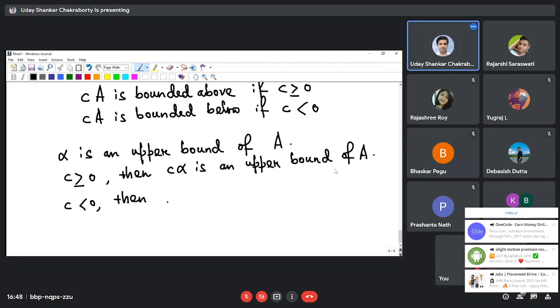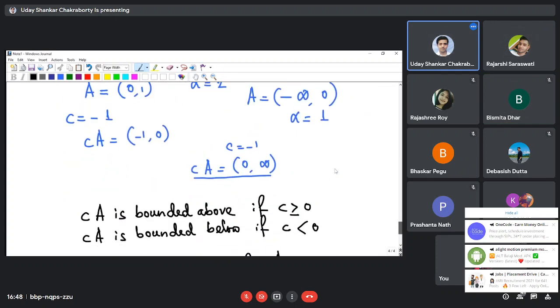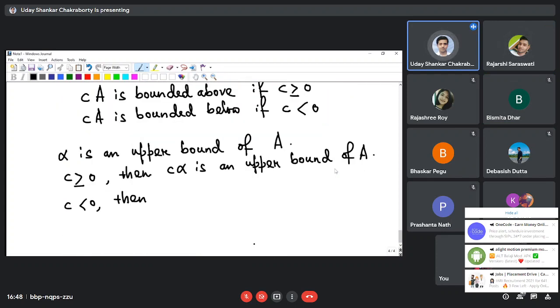In case of minus A, if alpha is an upper bound of A, then what is the lower bound of minus A? Minus alpha. Okay, in this case, minus C alpha will be a lower bound definitely. So minus C alpha is a lower bound. So this much only we can say.